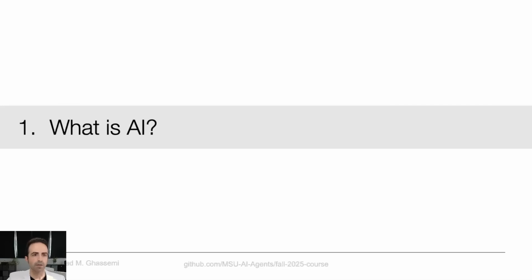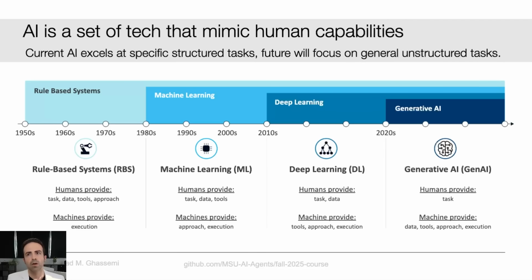So first topic, what is AI? Well, at its simplest, AI is any tool that allows us to mimic a human capability. What you can see here is a timeline that I've drawn starting in the 1950s, spanning all the way to the present era. What you'll notice is there's these four colored boxes: rules-based systems, machine learning, deep learning, and generative AI.